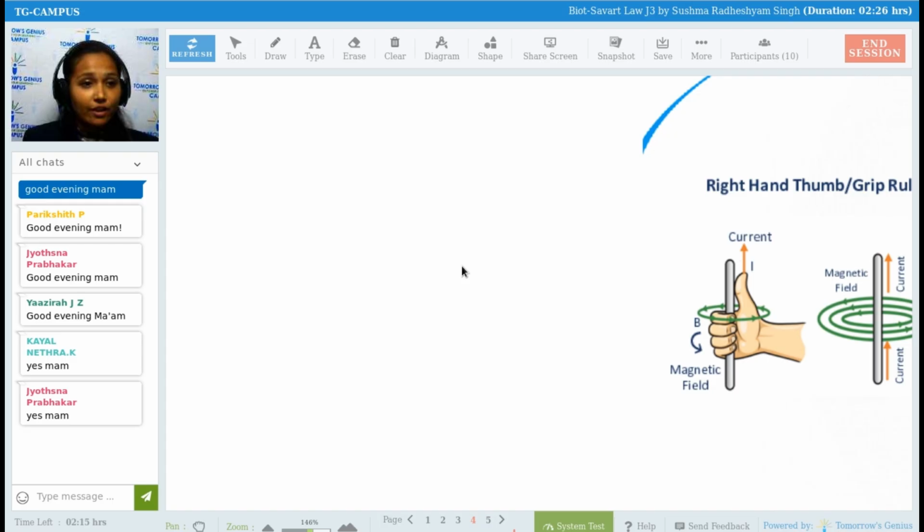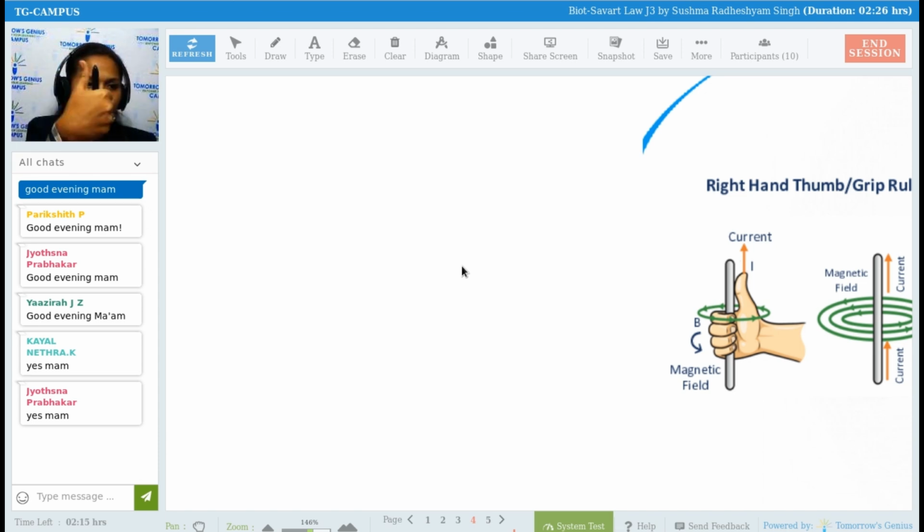So see guys, if this is the current carrying wire and I put my right hand like this, the thumb indicates the direction of the current, and the curled fingers indicate the direction of the magnetic field. If my current is flowing upward, then my magnetic field is into the paper.